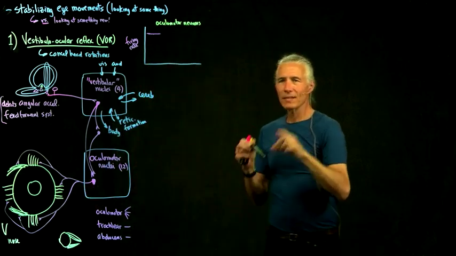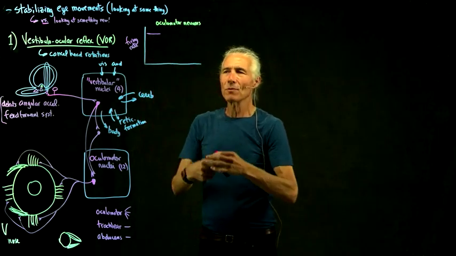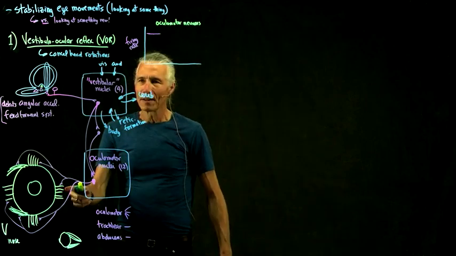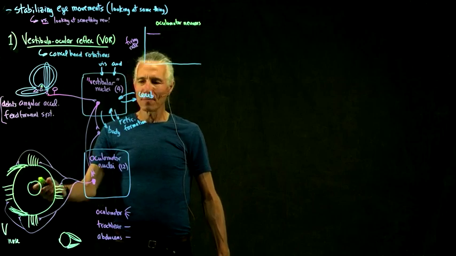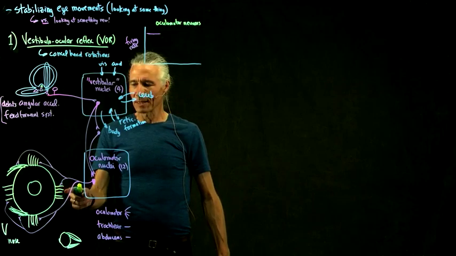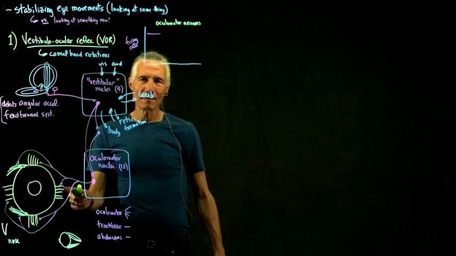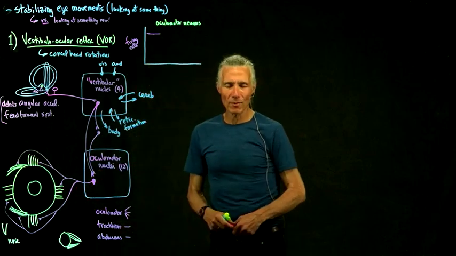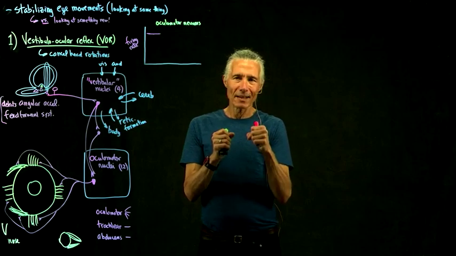So if you're just fixating something, they're just blasting away. And then if you decide to look at something, and say you're in a muscle that is in the pulling direction that you want to look at. So, here's the eyeball, and say you want to look at something that's off to the side, then you need this abducens nucleus to pull the eyeball off to the side. And the way it works is it just gives the eyeball a little yank.